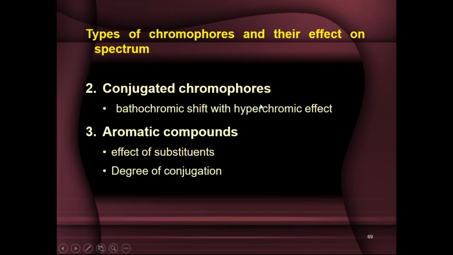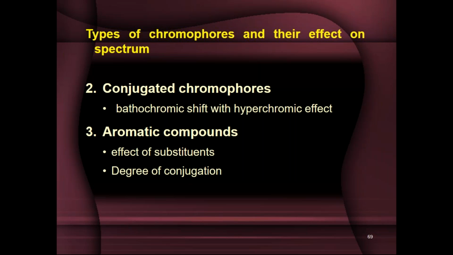Next, you have conjugated chromophores. Conjugated chromophores means chromophores that are separated by only one single bond. So you all know what conjugation is. The way you have, say, two double bonds separated by one single bond, then you will say the two double bonds are conjugated.